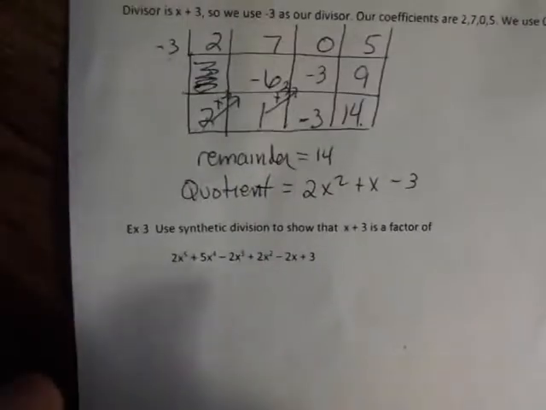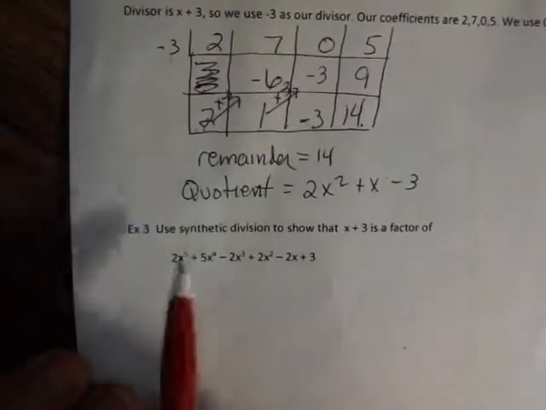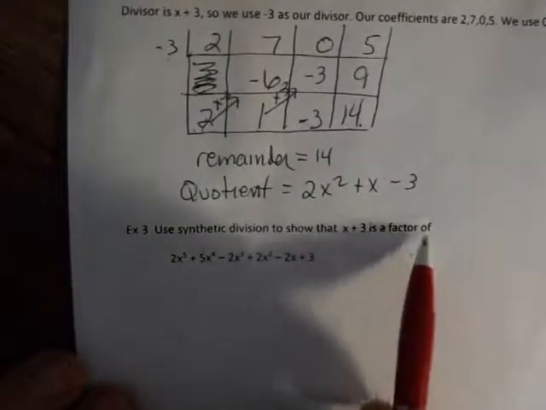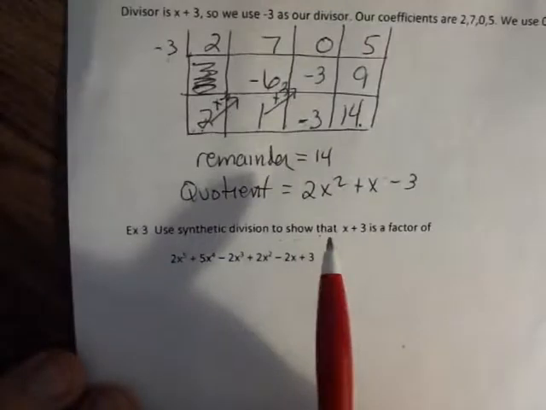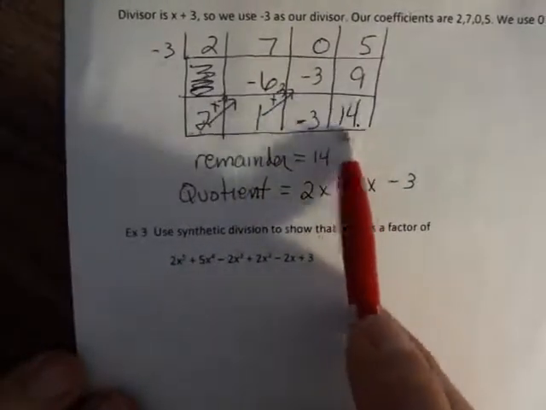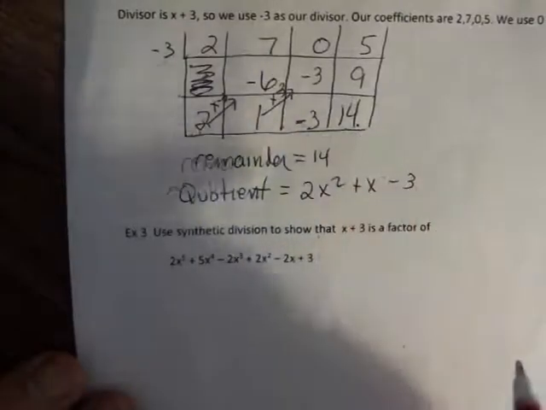All right, let's just zip on through and do another example. So now we're going to use synthetic division to show that x plus 3 is a factor of this. So the last two examples we've done, they're not factors because we're getting a remainder.